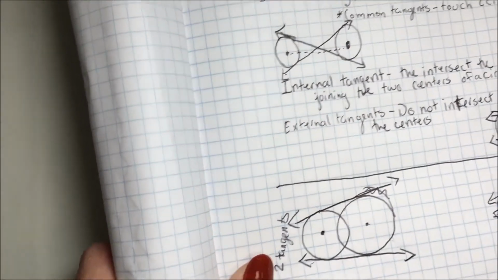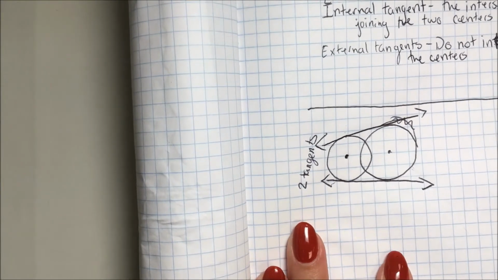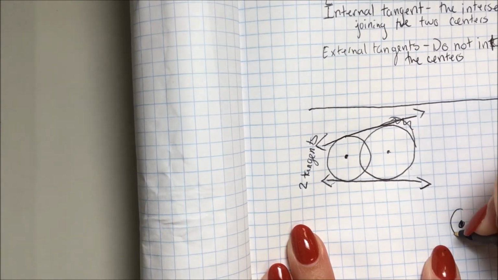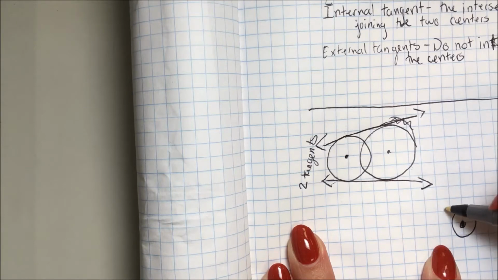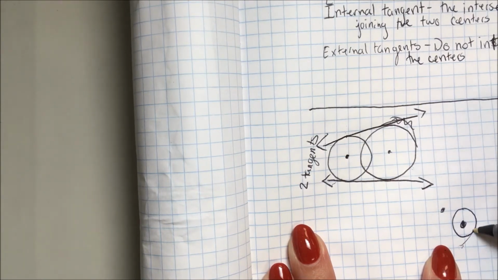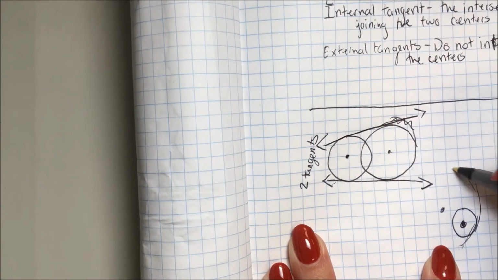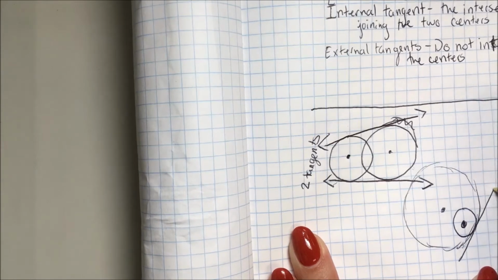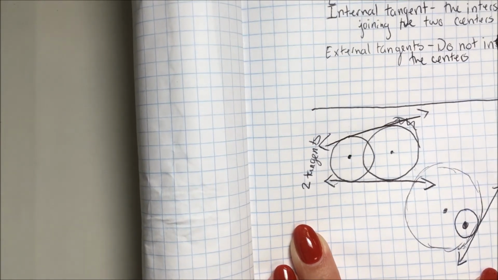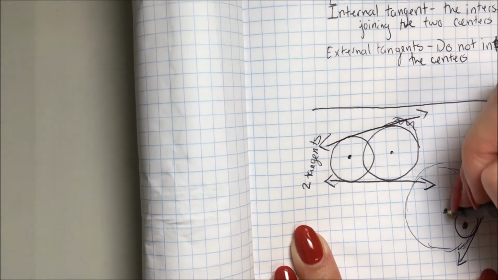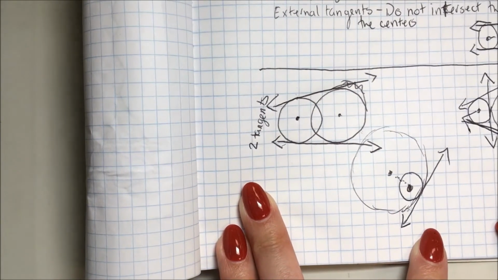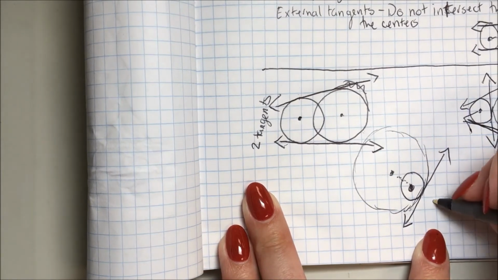Okay, and we could also have one circle be contained within the other, but not concentric. So let's say I had one circle right here, then another circle. Here there's actually only 1 tangent, and it's external, because it doesn't intersect the line segment that connects the 2 centers.